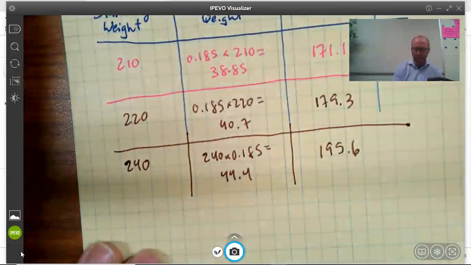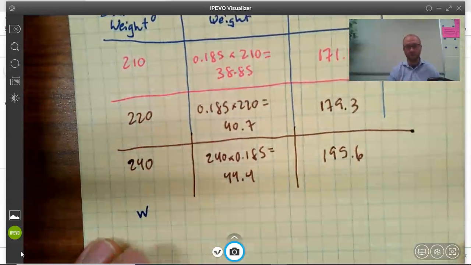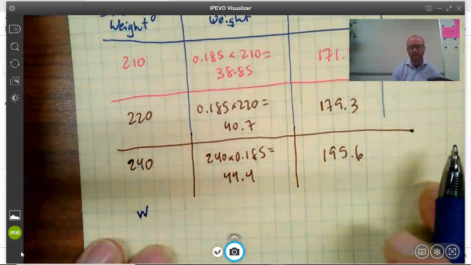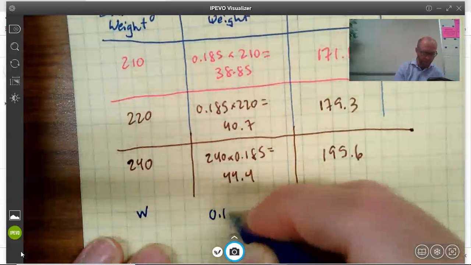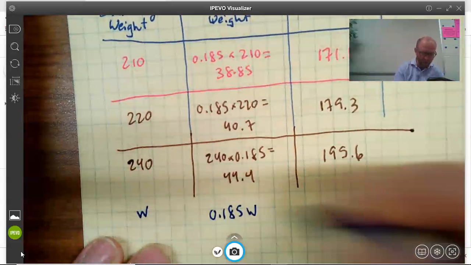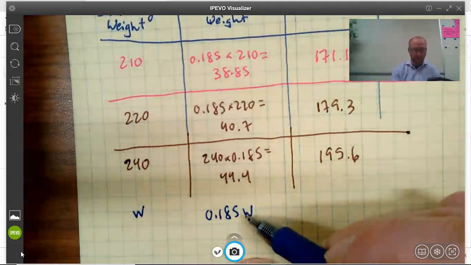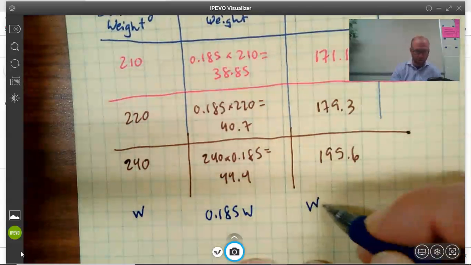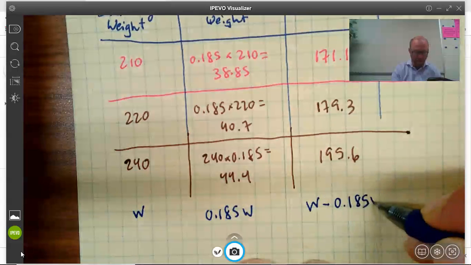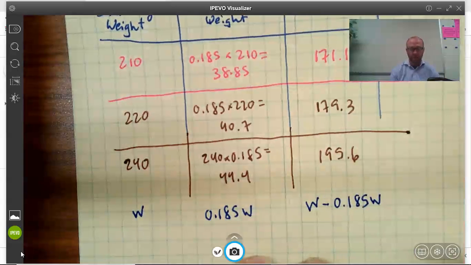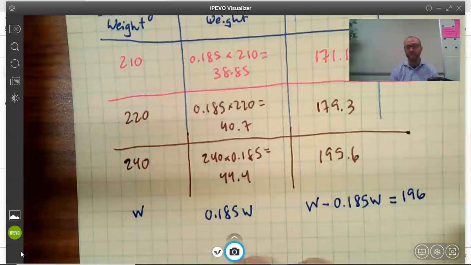In this first column, we have our starting weight, W. In the second column, we've been taking our starting weight and multiplying it by 0.185, so we have 0.185 W. And then over here, we're just subtracting the amount we lost from the original weight, so it's W minus 0.185 W. In the end, we want that to equal 196.